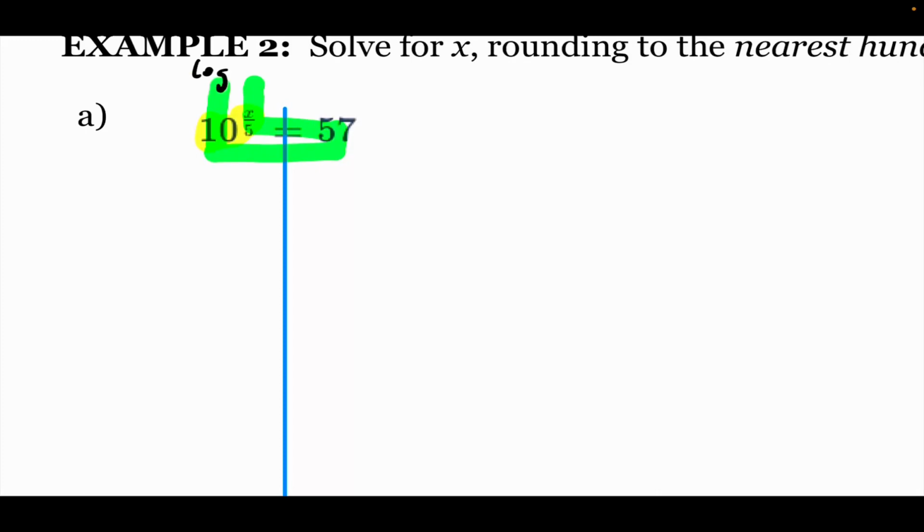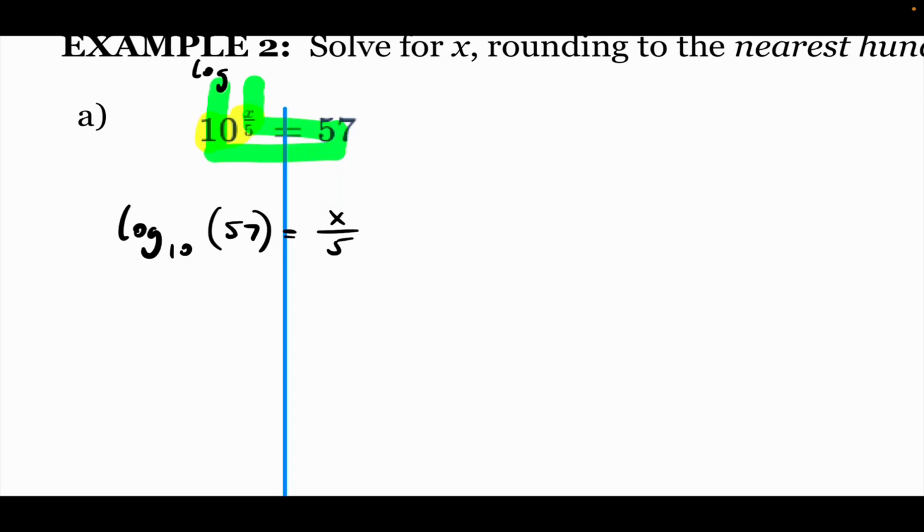It starts with a log. The first number it hits is 10, so it's going to be log with a base of 10. Then it comes over to 57, that's going to go in parentheses. And the last thing it hit was x divided by 5.